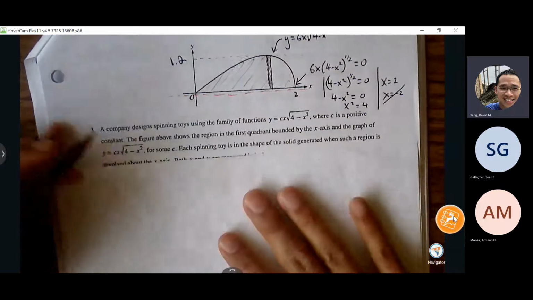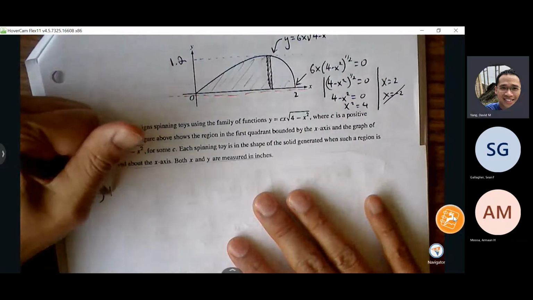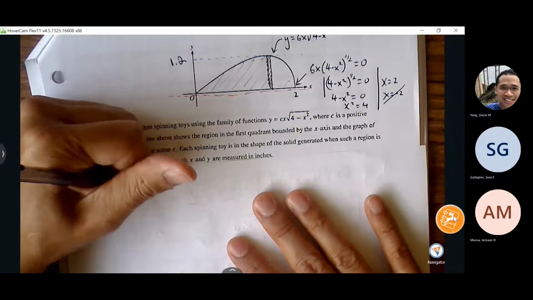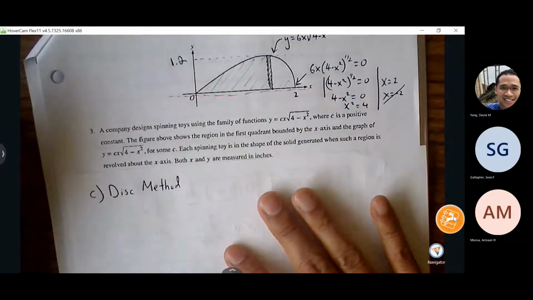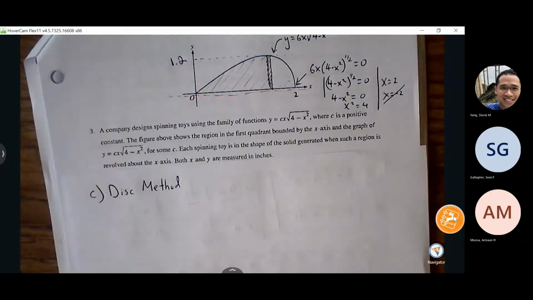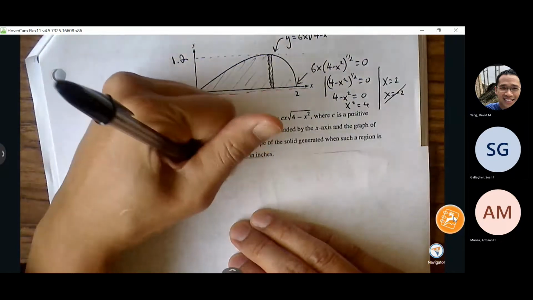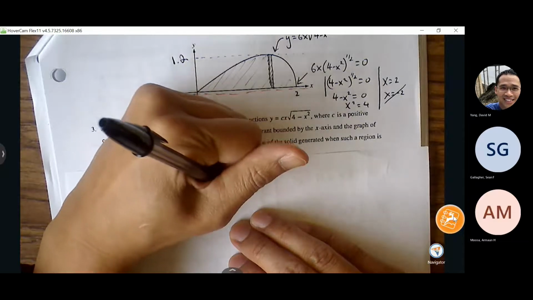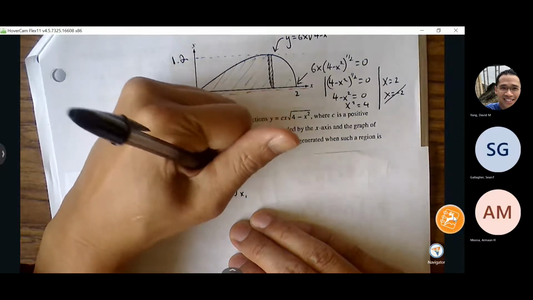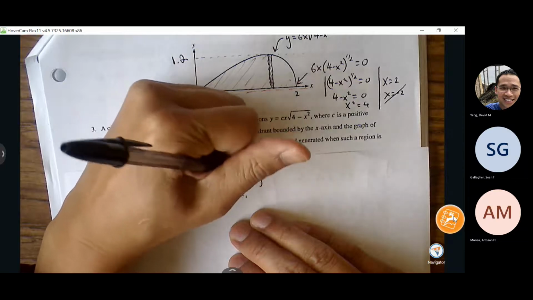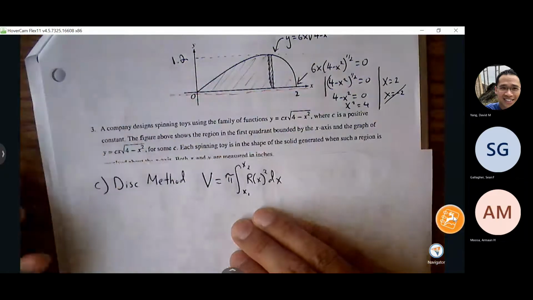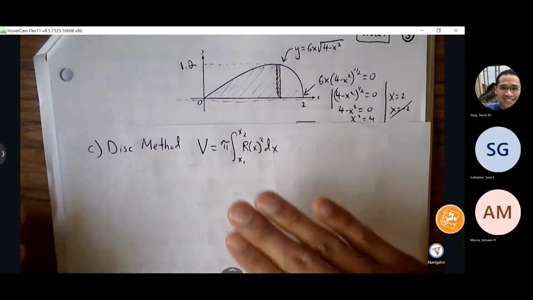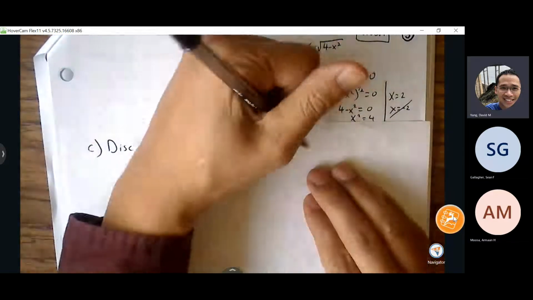We're working with this method here. Okay, big radius, top minus bottom.